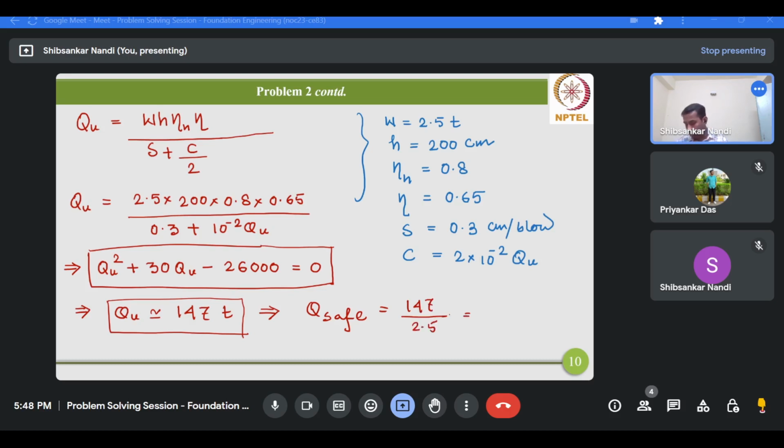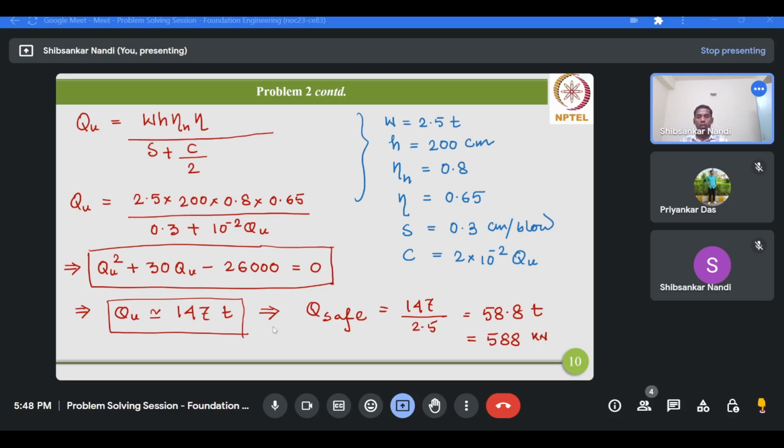It will be 58.8 ton. Okay, so by using this formula, you will get the QU value in ton.